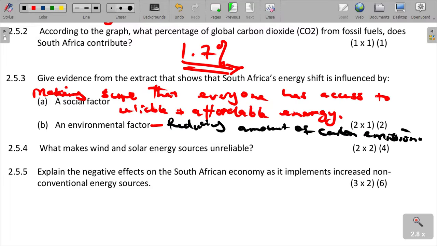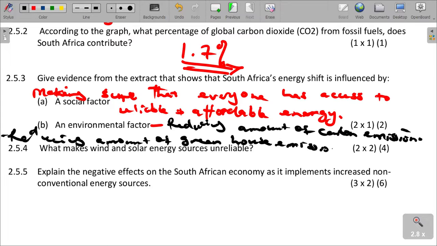It actually shows that they need to decarbonize, and then reduce the amount of greenhouse gases. Reducing the amount of greenhouse emissions is also part of that.